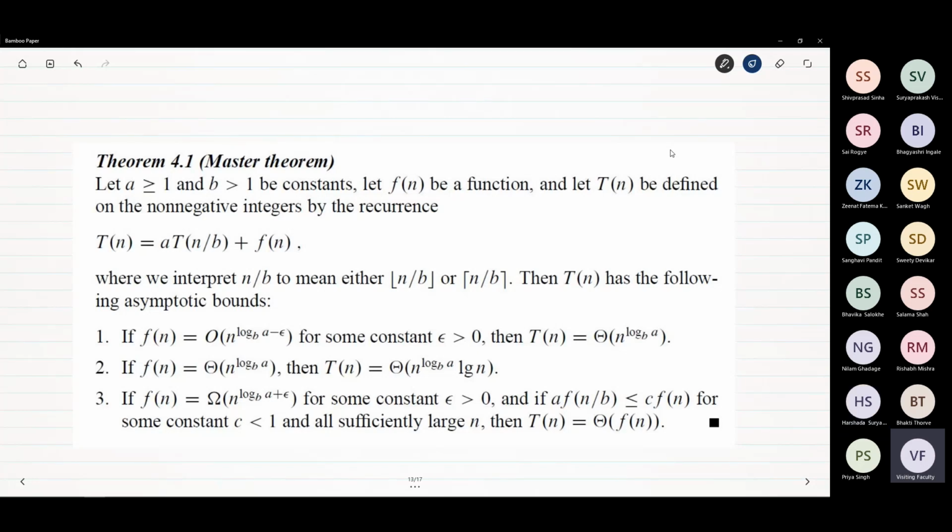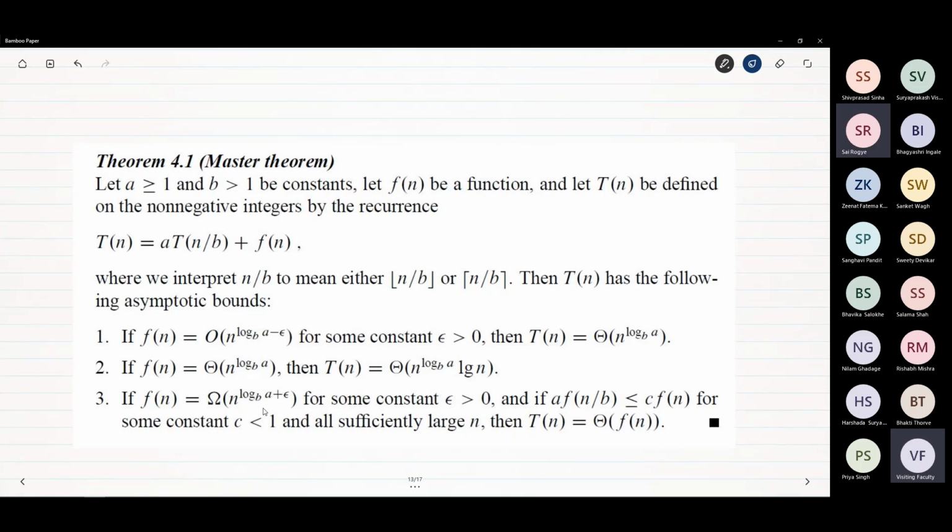Think again. First case: n raised to log a to the base b minus epsilon. This is less than n raised to log a to the base b. This is equal to n raised to log a to the base b. Third case is greater than n raised to log a to the base b. So, which case will you apply? Sir, first one, right?